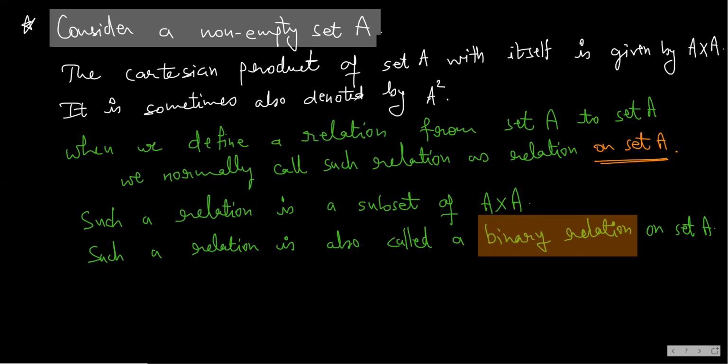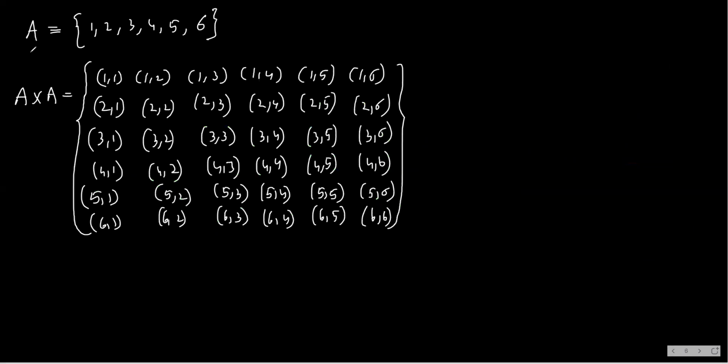That is, first you will have the Cartesian product of that bigger set with itself, and the relation is defined on that set. That is, the relation is a subset of that Cartesian product. And such a relation you will call a binary relation. Like here you saw I have A, you can call it a parent set, and you took A cross A, the Cartesian product of A with itself.